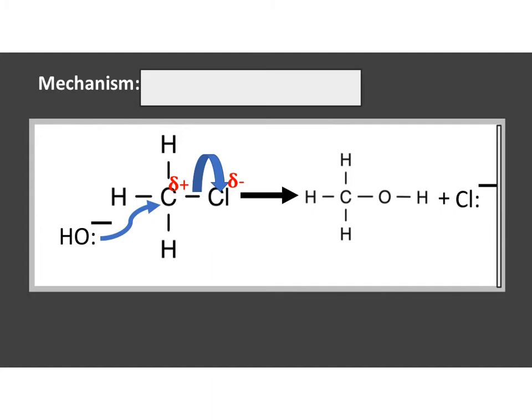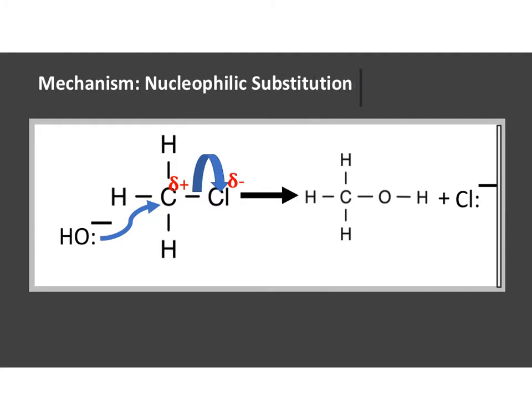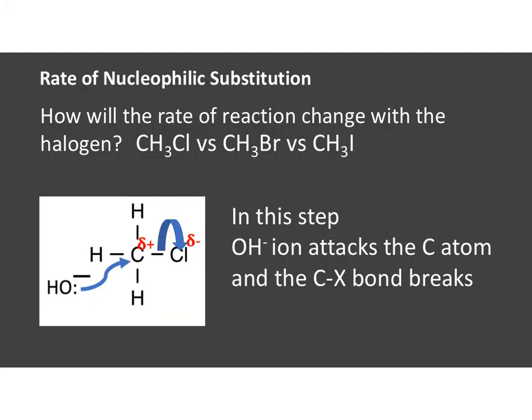So as we've looked at, the chlorine is substituted by OH, so it's a substitution, and I have a nucleophile attacking that carbon, so the mechanism is nucleophilic substitution. So we can actually study the rate of nucleophilic substitution as we change the halogen from chlorine, bromine to iodine.